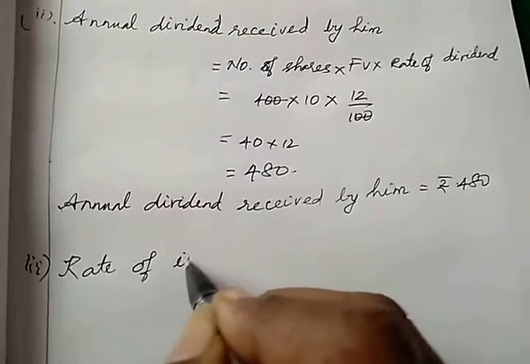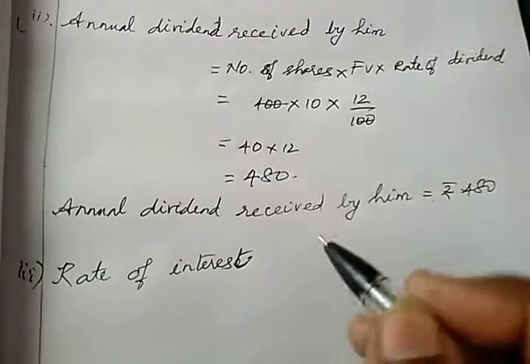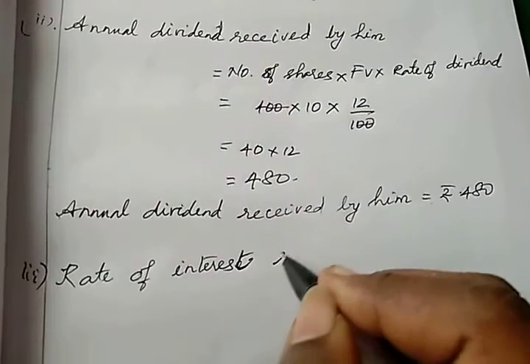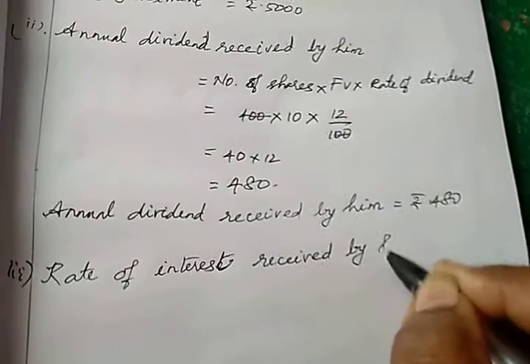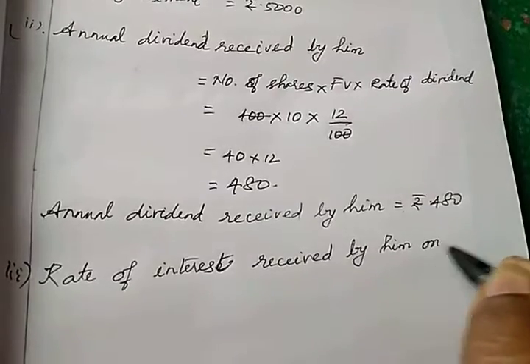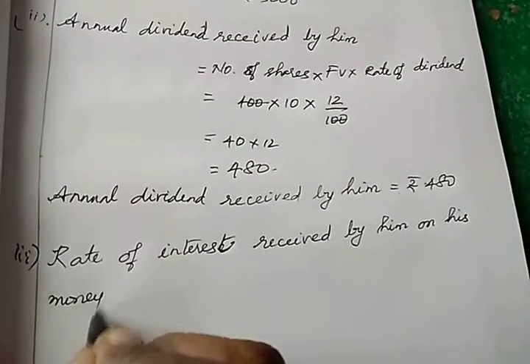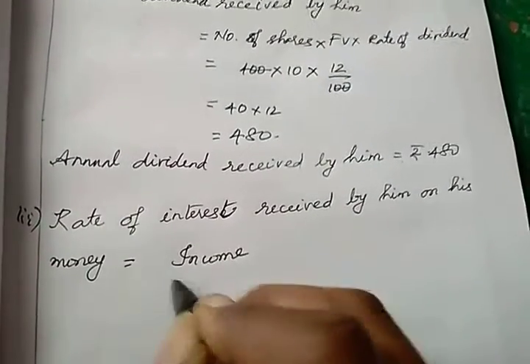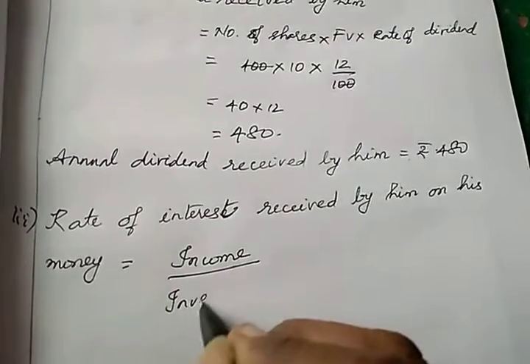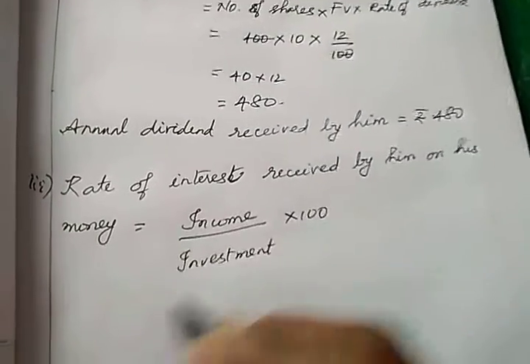Rate of interest received by him on his money equals income by investment into 100.